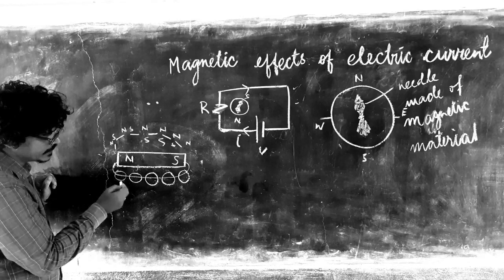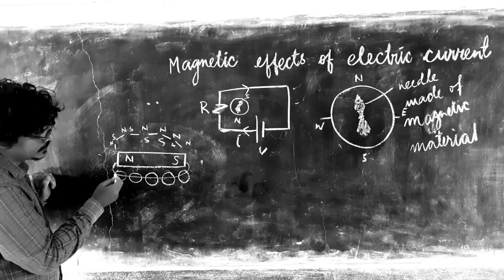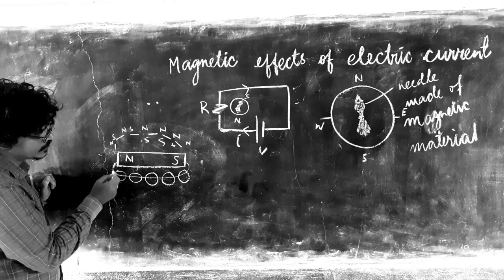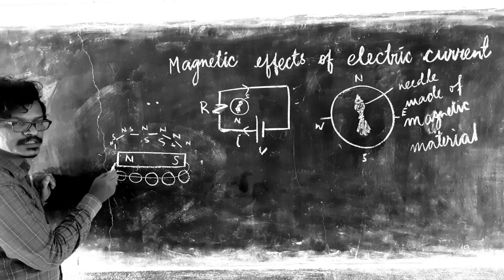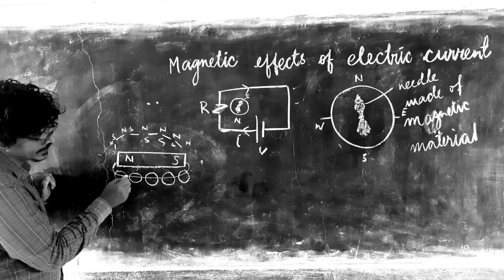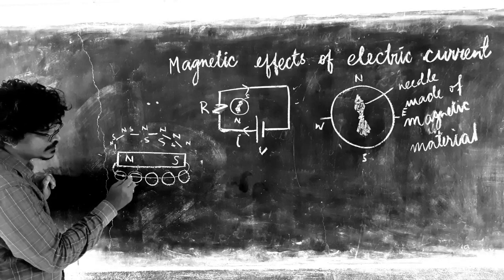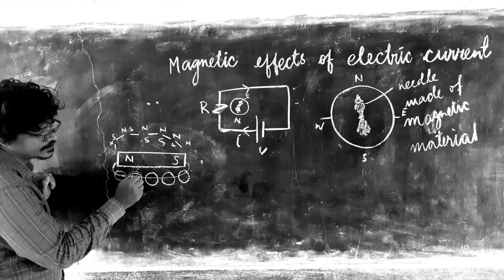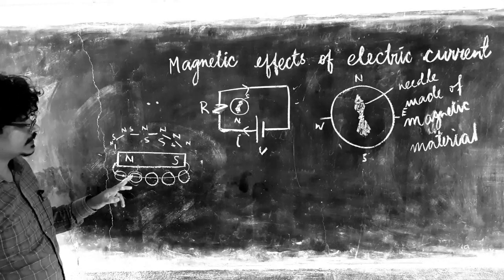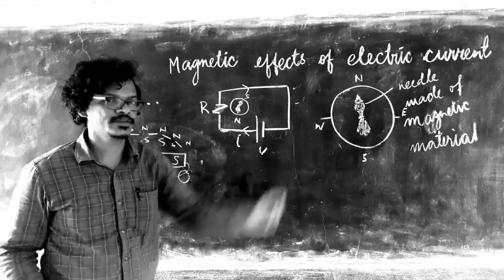And in this position, again if you observe, the south pole is towards the north pole of the bar, and the north pole is away on this side. And here at this place also, this side is south and this side is north. I am talking about the magnetic needle.